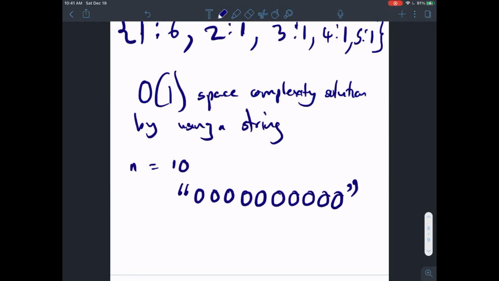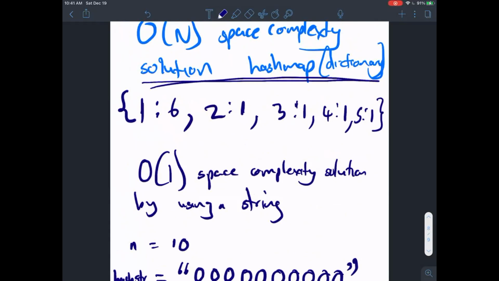You just initialize a hash string which has these 10 values initially as 0. And now you can use this string to behave like your hash map.